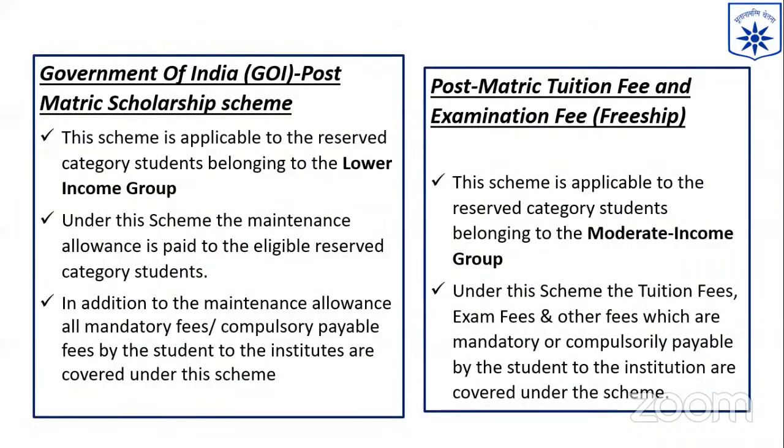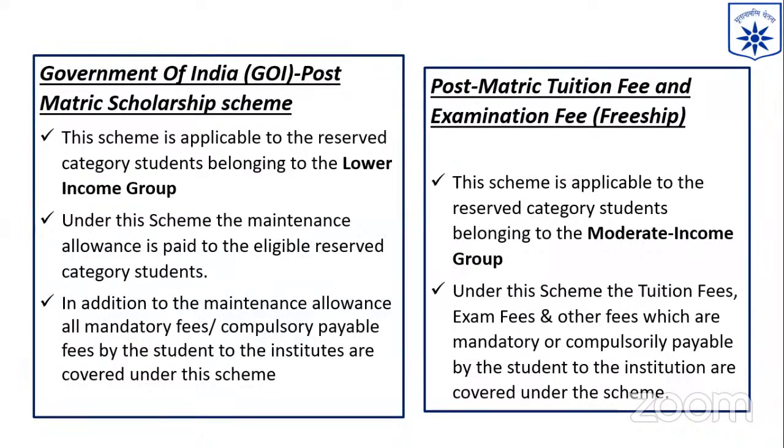So first of all, let us understand the difference between the scholarship scheme and the freeship scheme. As I said, the schemes we are talking about are applicable for reserved category students. Here we have two types of scheme, that is scholarship scheme and freeship scheme. The scholarship scheme is called the Government of India, that is GOI, post-matric scholarship scheme. It is applicable to reserved category students belonging to the lower income group. Under this scholarship scheme, you get a maintenance allowance, and along with that, your mandatory fees are also covered.